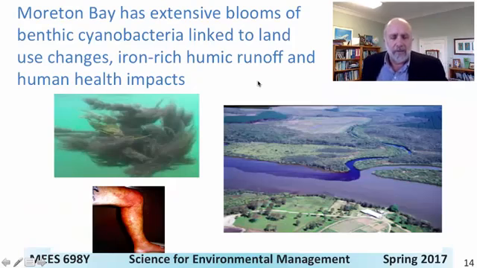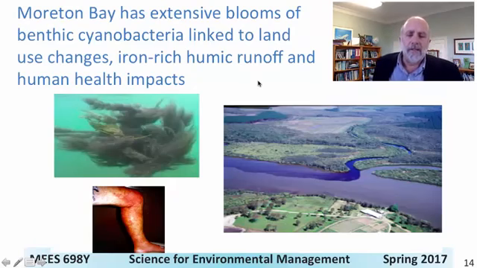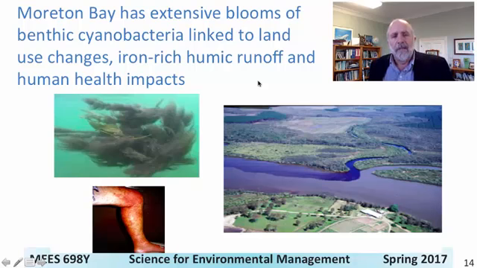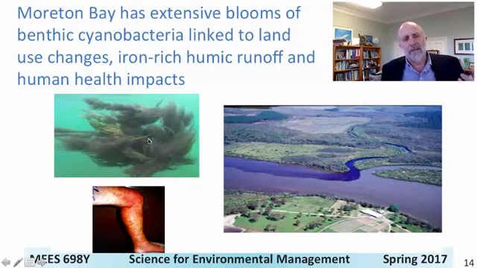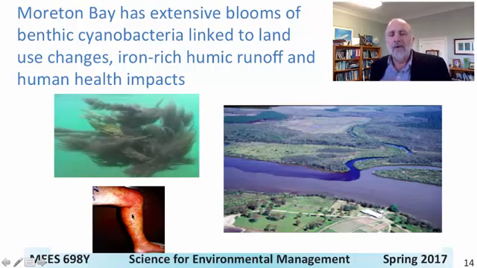But the biggest problem happened in the late 1990s when these blooms of what they called mermaid's hair appeared. It's a cyanobacteria, and it was causing the fishermen's skin to peel off, with very severe contact dermatitis.